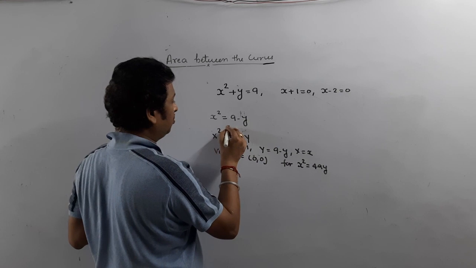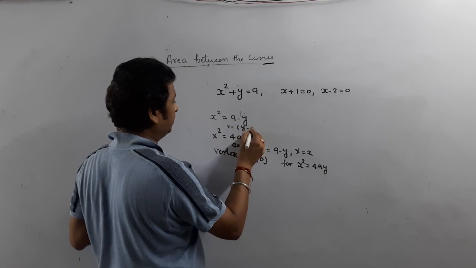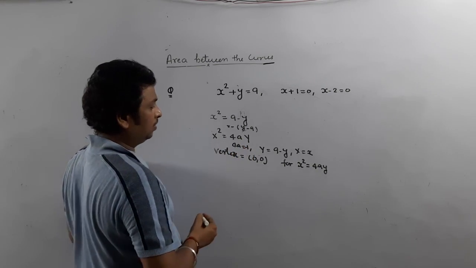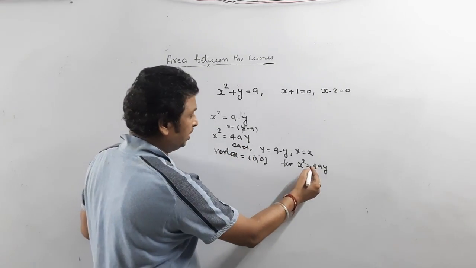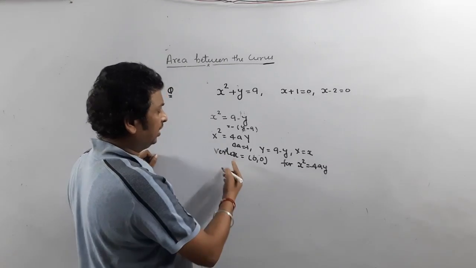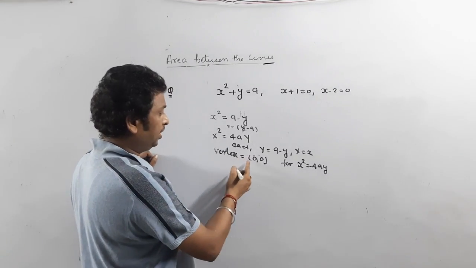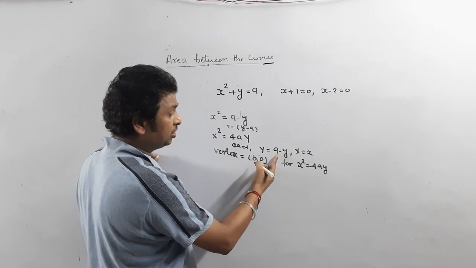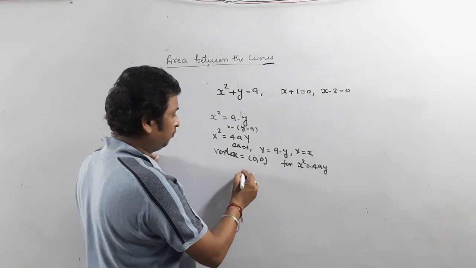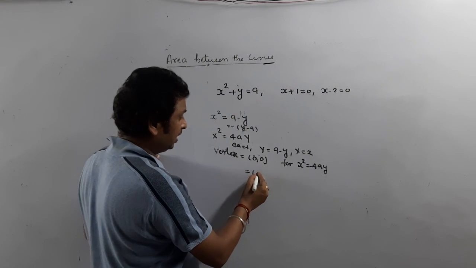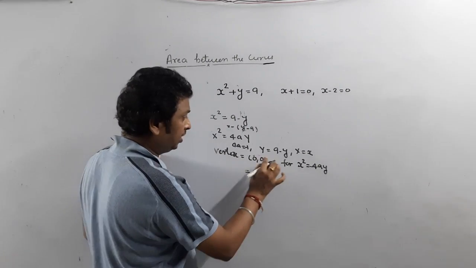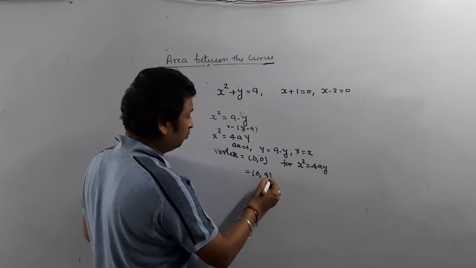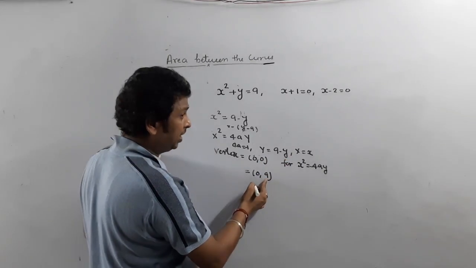Here you take minus common, so y minus 9, so x square is equal to minus 4ay. Vertex is 0, 0, so here capital X is 0 and capital Y is 9 minus y. For this curve small x is 0 only, but when capital Y is 0, what is small y? 9. So the vertex is 0, 9.